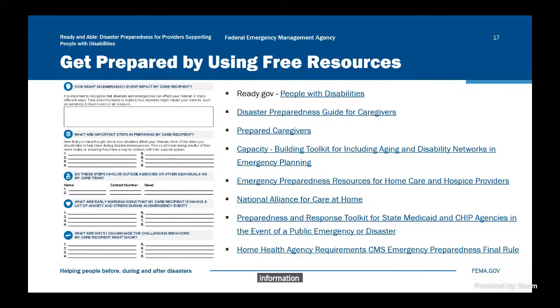But on this fillable emergency preparedness checklist on the left, it has prompting questions like, what are the early warning signs that my care recipient is having a lot of anxiety and stress during an emergency event? What are ways I can manage the challenging behaviors my care recipient might show?